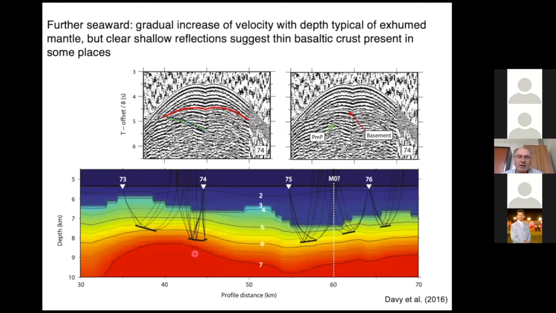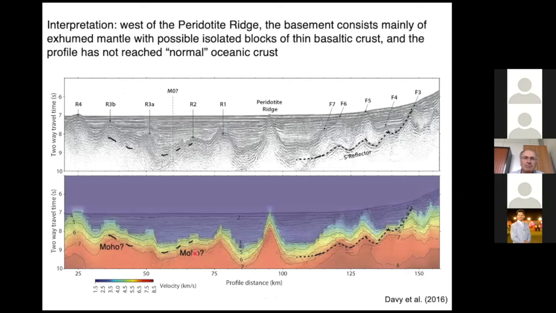All we see is that there's a discontinuity, so there's something different at the top. There's a whole series of these ridges, so maybe all these ridges are like prototype ridges. And wherever normal oceanic crust is, well, it's further west of this profile.